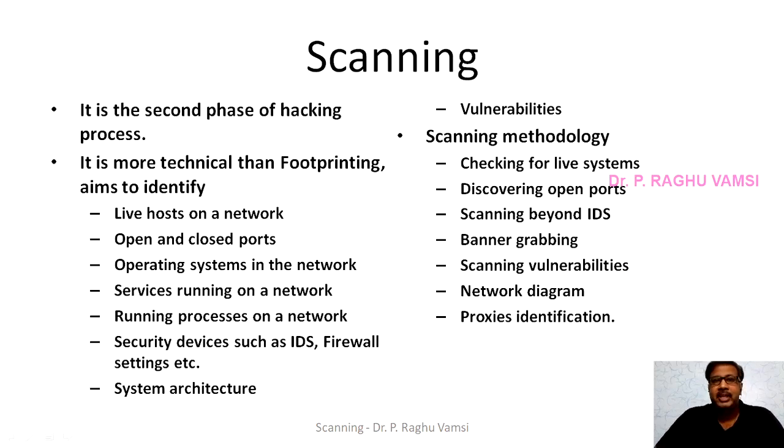First of all, we have to explore what live systems are available on the network. Once the live systems are identified, we need to check the open and closed ports on the live system. Then we need to check whether there is any intrusion detection system and security devices available on the live system.